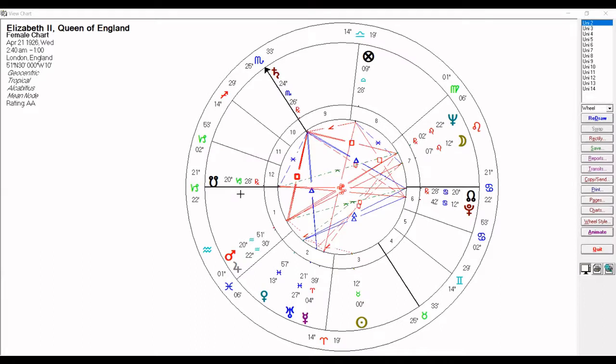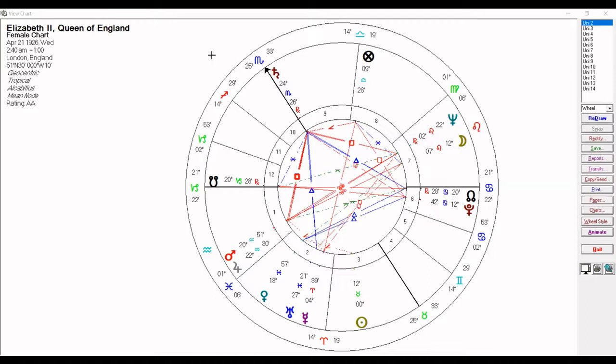That means the ruler of the ascendant, because Saturn rules Capricorn as well, is in this mutual reception with the ruler of the 10th, which is kingship. So that's one of the ways we get to see how mutual reception works. It connects the signs, it connects the natures of the planets, and it connects the houses that are represented.